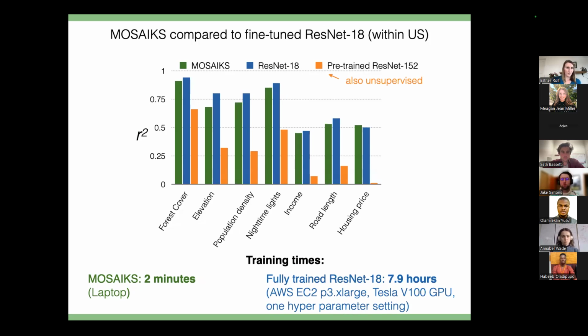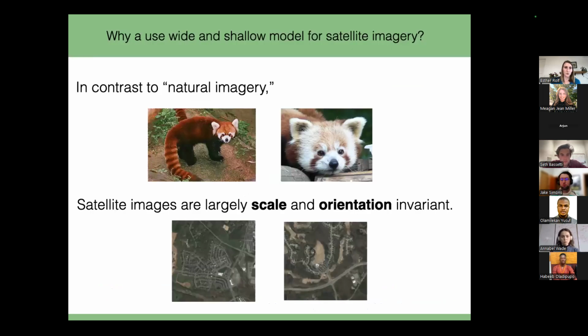But why might we be able to make these algorithmic simplifications that underlie Mosaics and still get similar performance to a deep neural network? Well, many neural networks are actually designed in computer vision, at least for inference on natural imagery.